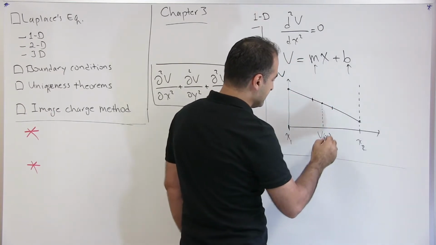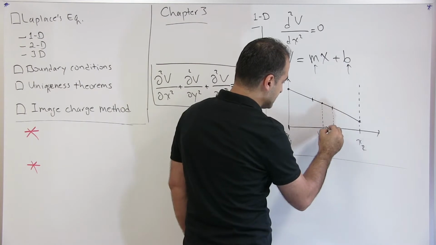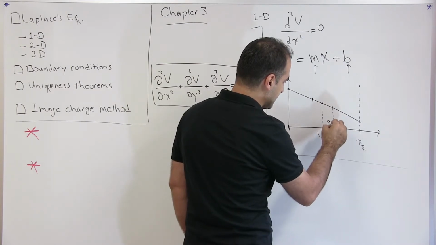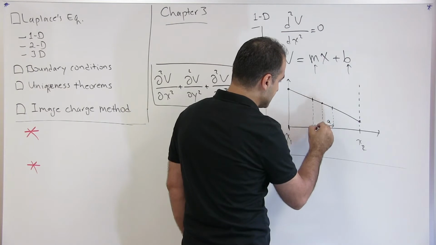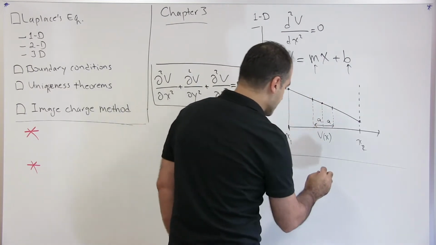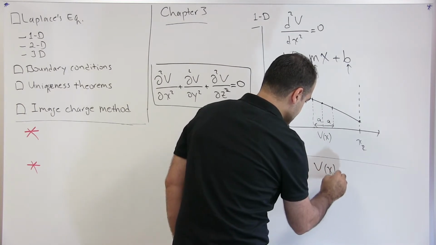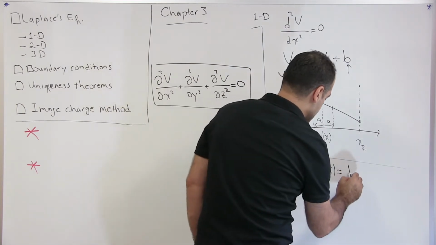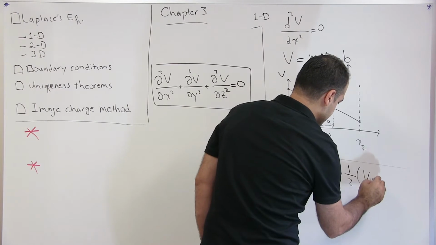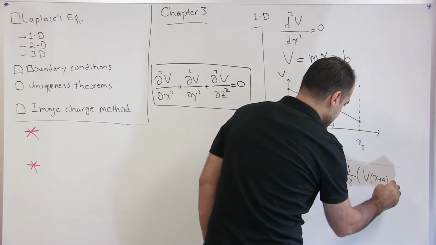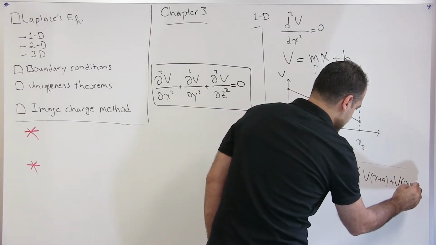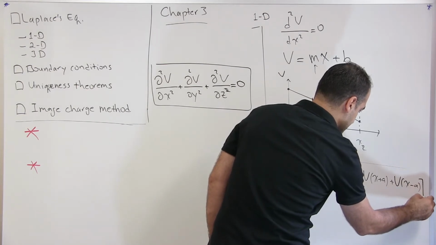What I mean is this: if we move a distance a to the right, and the same distance a to the left, V at x is the average of V at x plus a and V at x minus a.